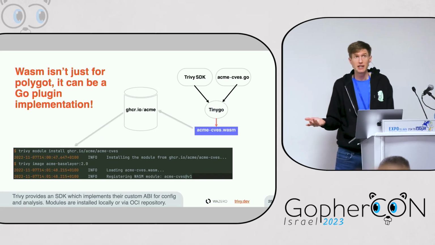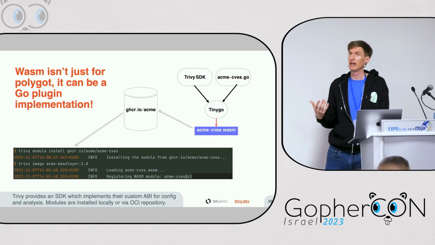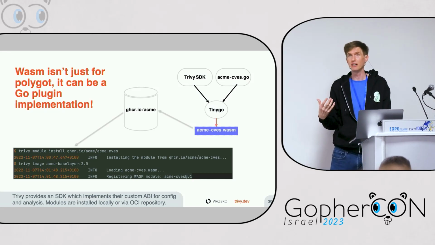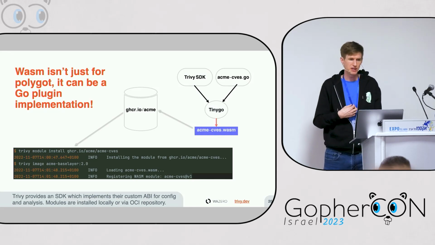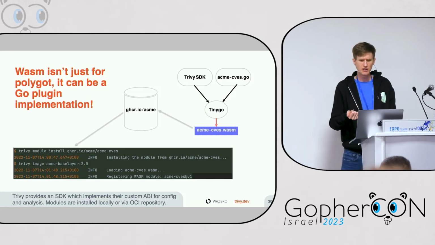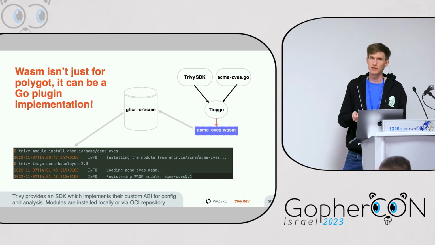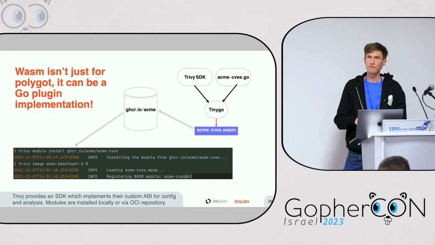Now, I was talking about polyglot there, using C from inside Go, but actually Go doesn't have a really nice plugin system yet. I mean, you can say that there are ways to do it, but it's not particularly safe either. Aqua Security Trivy is a big Go CLI to do vulnerability and misconfiguration scanning.